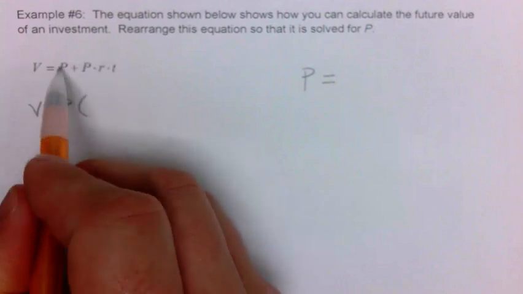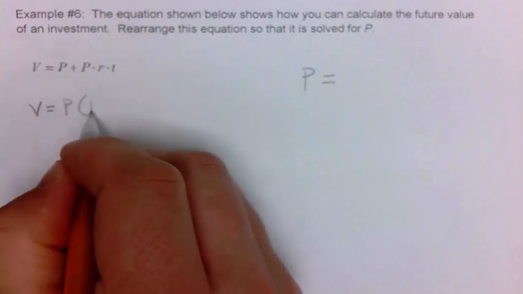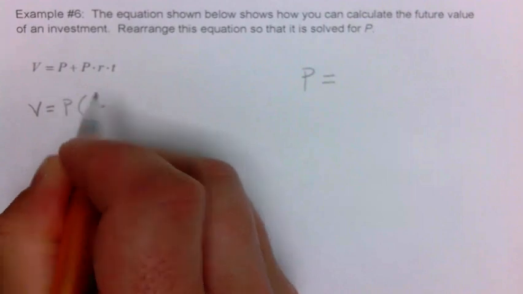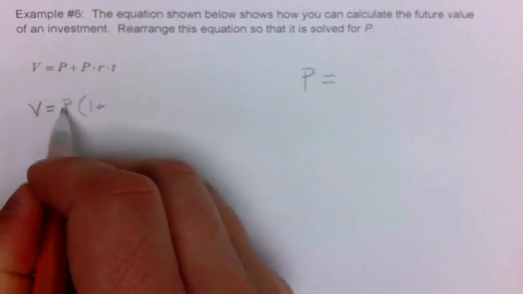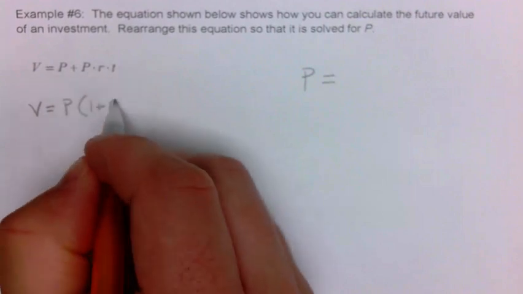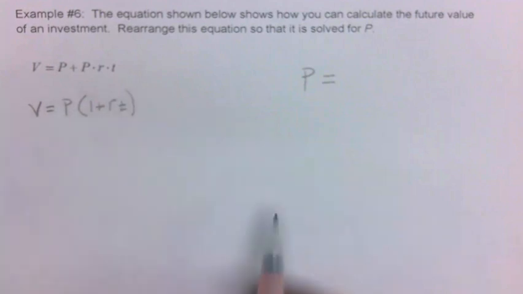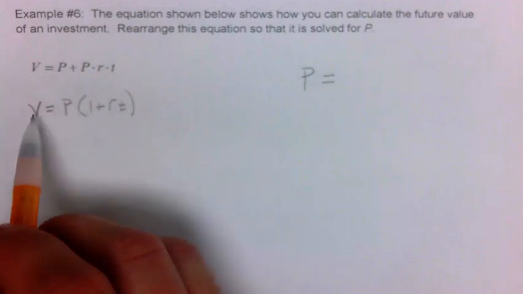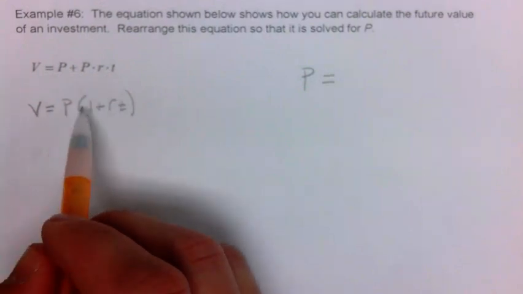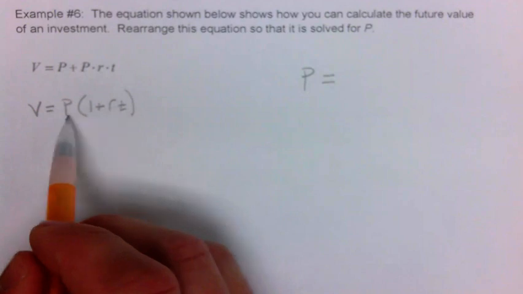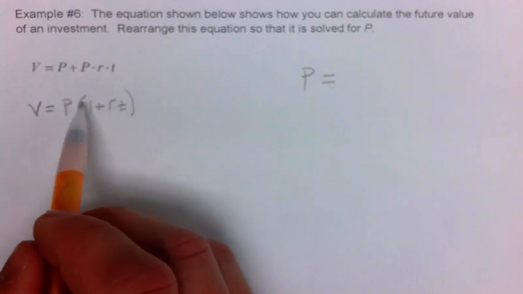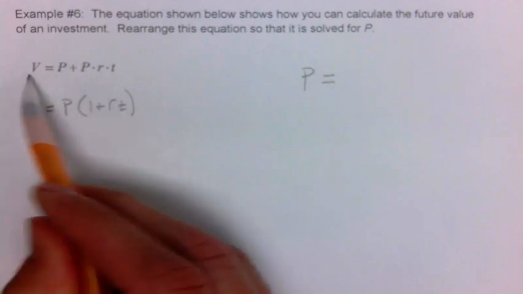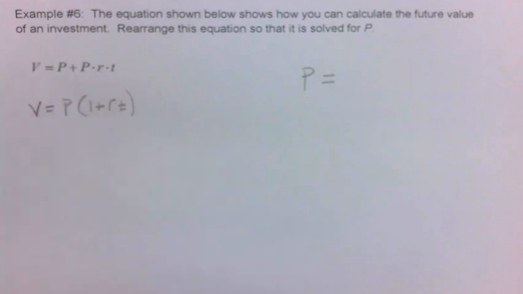Well, P divided by P is going to be 1, plus PRT divided by P is just going to be RT. So this equation, V equals P plus PRT, is the same as V equals P times 1 plus RT. If you were to distribute this P to each term in the parentheses, you would get the original equation back.